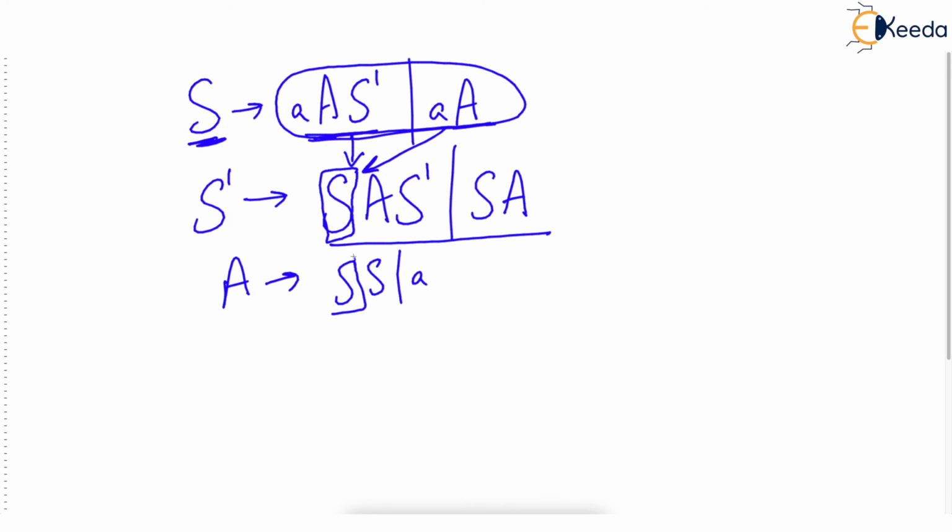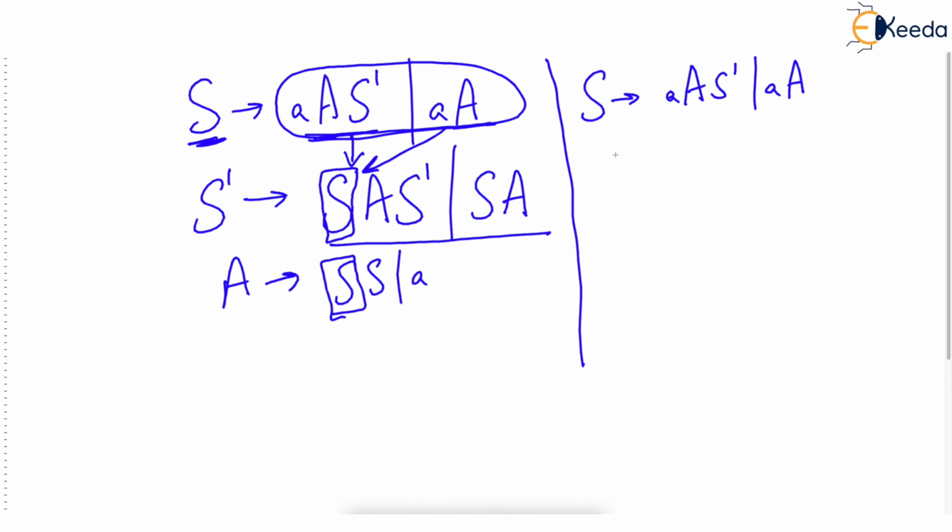You know that S is in GNF. Simply put the value of S. So what will be the revised grammar? S derives A S dash or AA, correct? But S dash derives, note, this first S we are replacing with whatever S derives. So that will be A S dash followed by A S dash, or, be careful, S also derives AA.